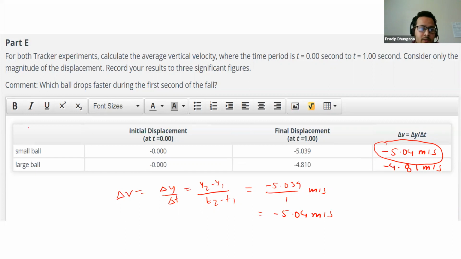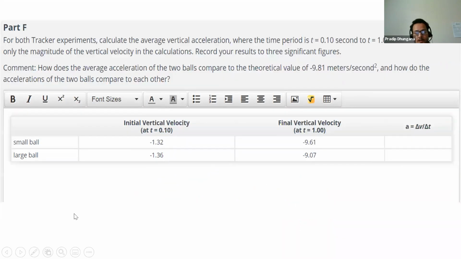You can see here, the vertical displacement of the small ball is larger. So that means the small ball drops faster during the first second. Because its vertical velocity is larger. That negative means it's falling down. If we were throwing up, that would be positive. Let's go to the next problem.